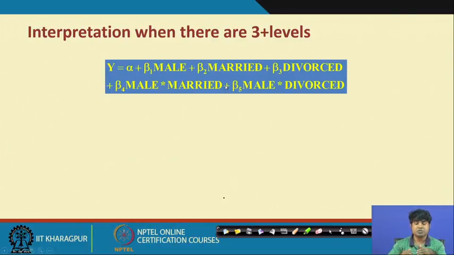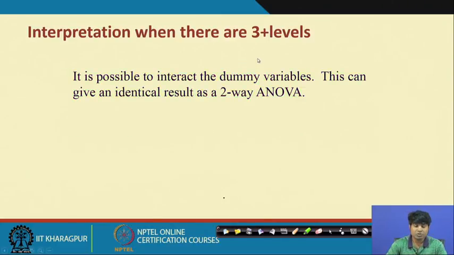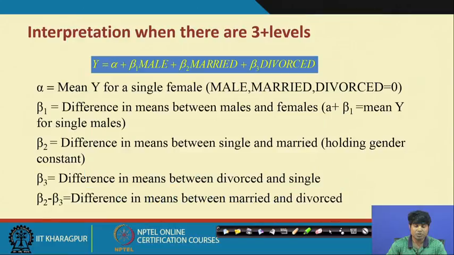That means first male, married and divorced, that is the one-way kind of investigation. Then the first 2 dummies: male married, that can be one dummy, then male divorce, this is another dummy. So, male married and male divorce, 2 interactive effects, can be added into this modeling process, and as a result this model becomes nonlinear.